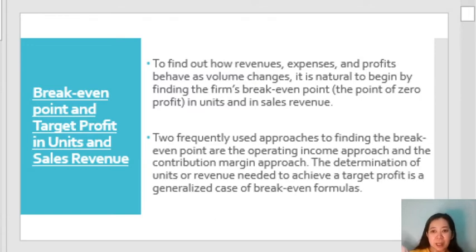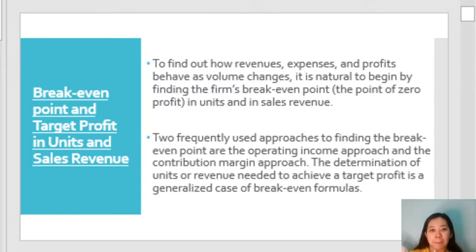The determination of units or revenues needed to achieve a target profit is a generalized case of break-even formulas. By the way, when we say target profit, this is the level or the amount of profit that the organization desires to achieve.